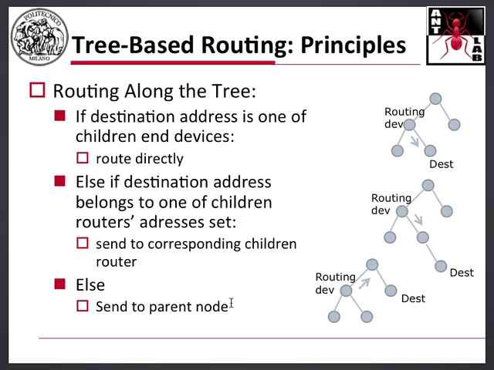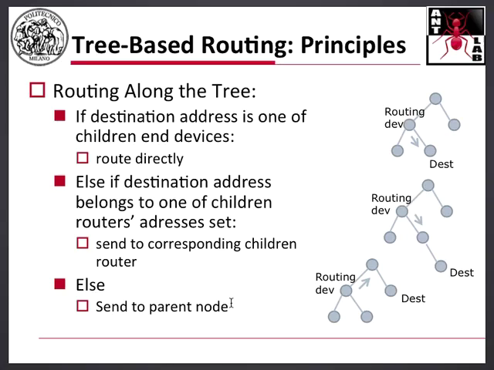Question is, why do we have routing nodes at the last layer of the tree? Reason is that you can actually extend the tree. So you can start a new network with an Lm parameter which is fixed, say it's 2. Then you realize that you need more depth in the tree. So you may want to extend the tree, and extending the tree means that some nodes at the leaf of your previous tree must play the role of routers.